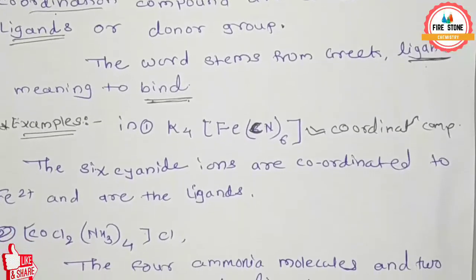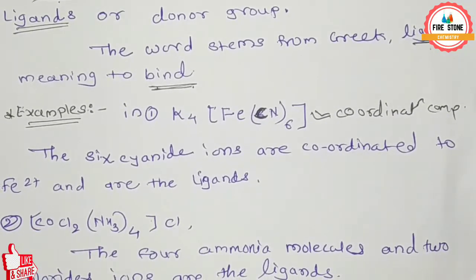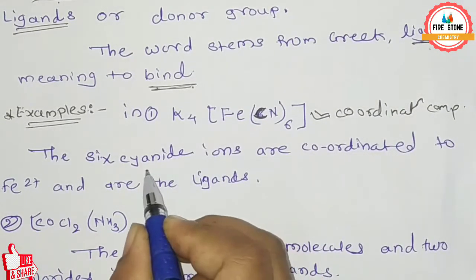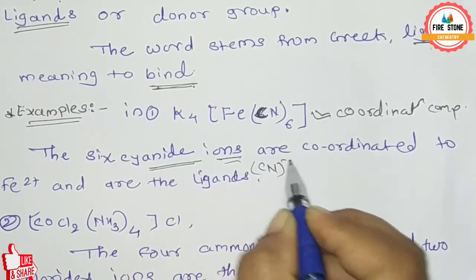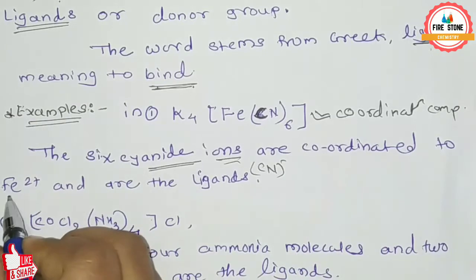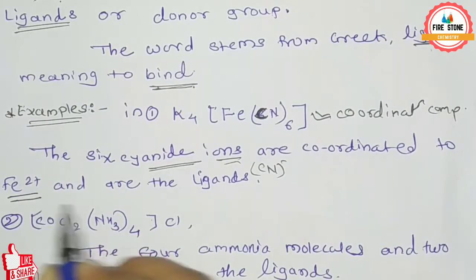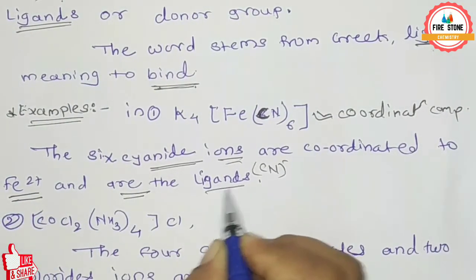in which the six cyanide ions are coordinated to Fe2+ and are the ligands.